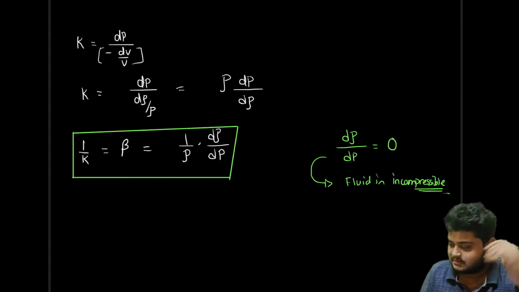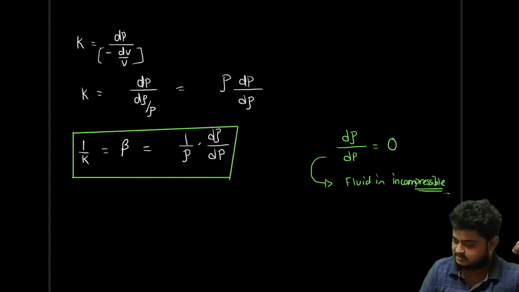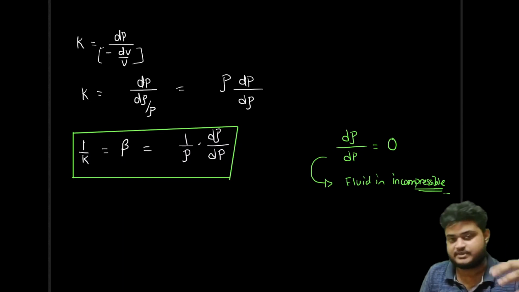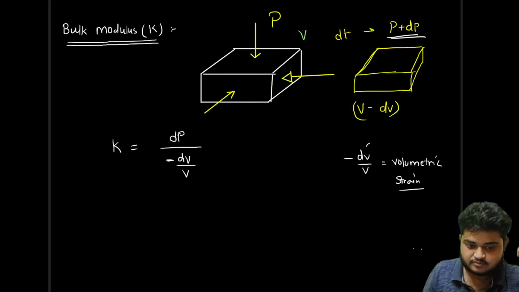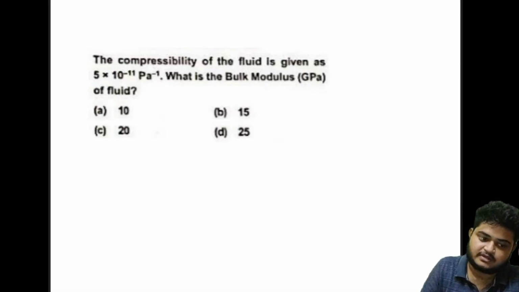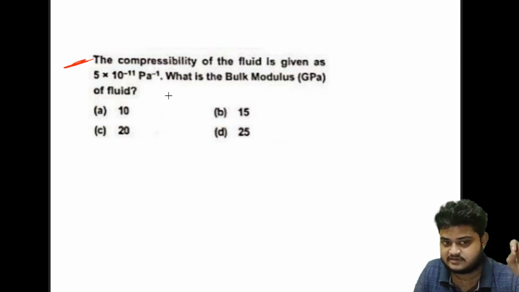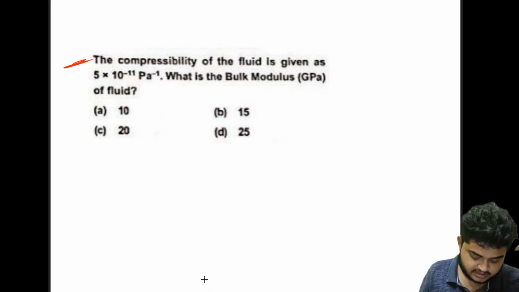So that was the theory part, and that was the relation between compressibility and bulk modulus. But we have to solve this problem where the compressibility is given, but the bulk modulus we have to calculate.